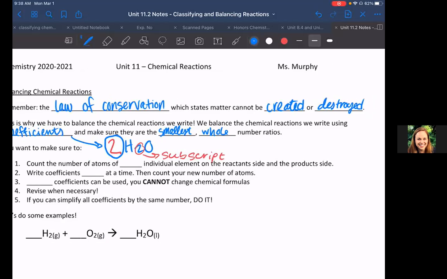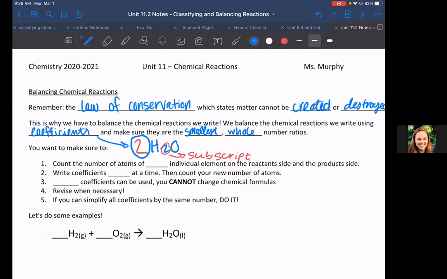And so what I mean by that is if we get coefficients that are 2, 2, and 4, that is incorrect because we can divide all of them by 2 and get 1, 1, and 2. That would be the most correct form. So always double check if you can divide everything by the same number, do it.